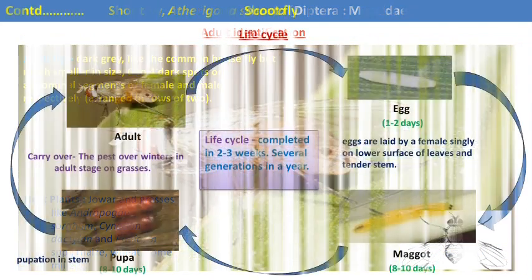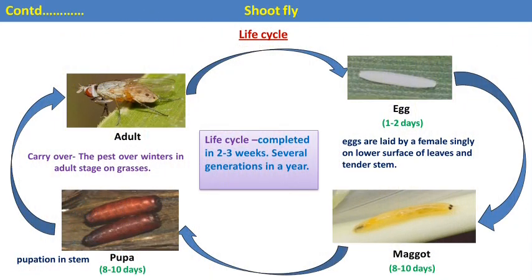Then if you see the shoot fly life cycle, I have already told you the shoot fly is a dipteran pest, hence it has complete metamorphosis. If a pest has complete metamorphosis, it has four different life stages. In the case of the shoot fly, egg, larva, pupa, and adult are the four life stages.